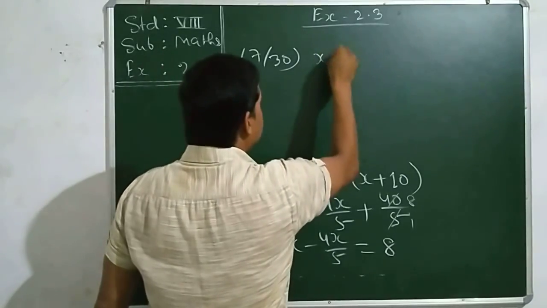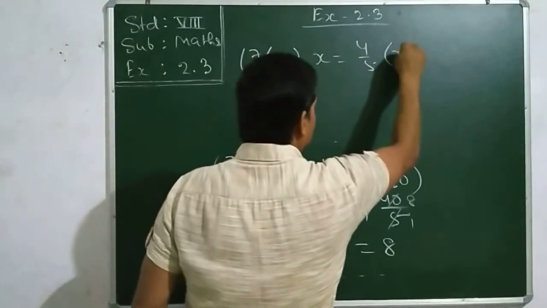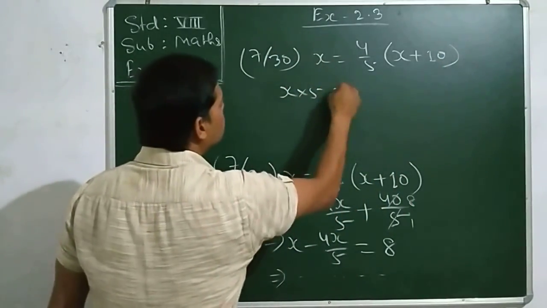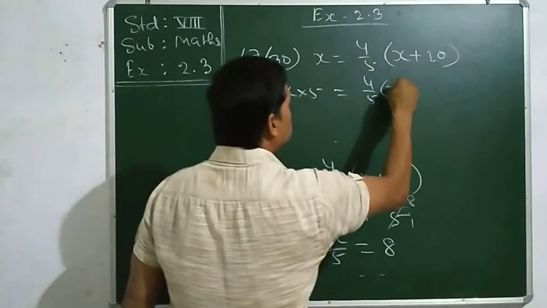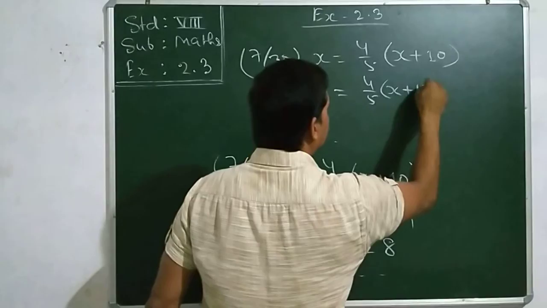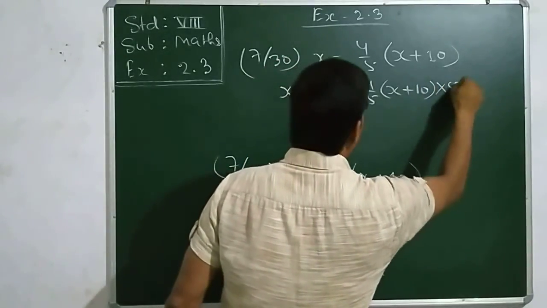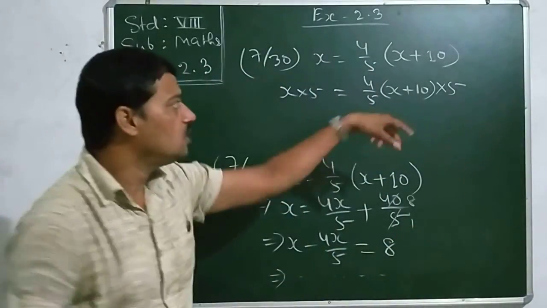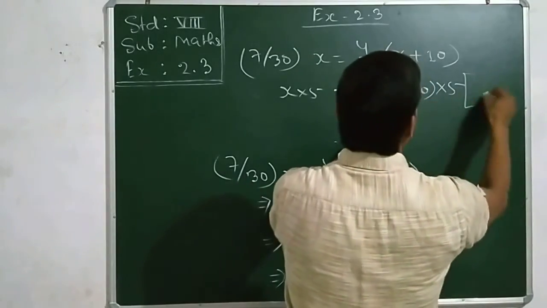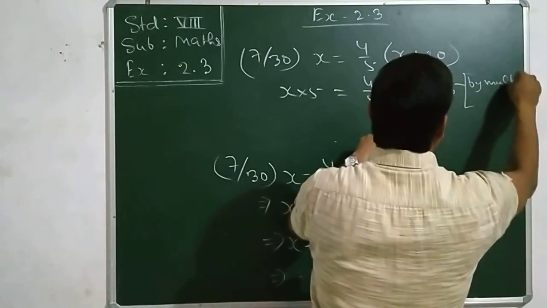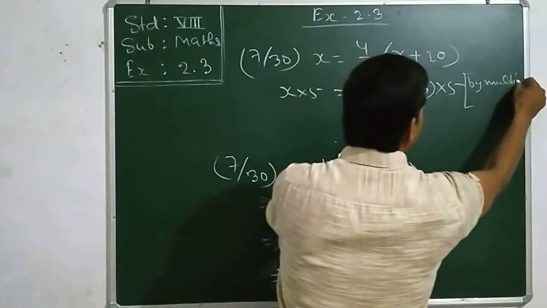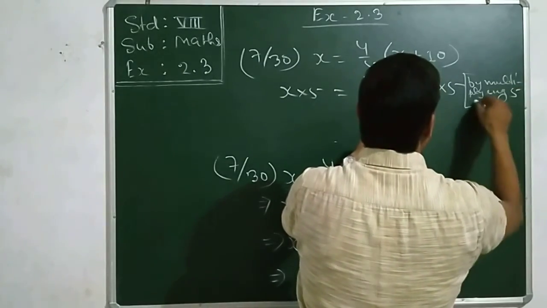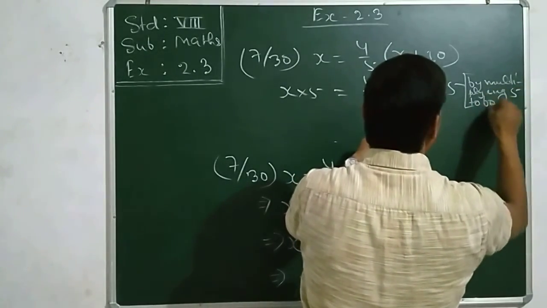It is x equal to 4 by 5 into x plus 10. x into 5 equal to 4 by 5 into x plus 10 into 5. We have multiplied 5 on the LHS and RHS, multiplying 5 to both sides.